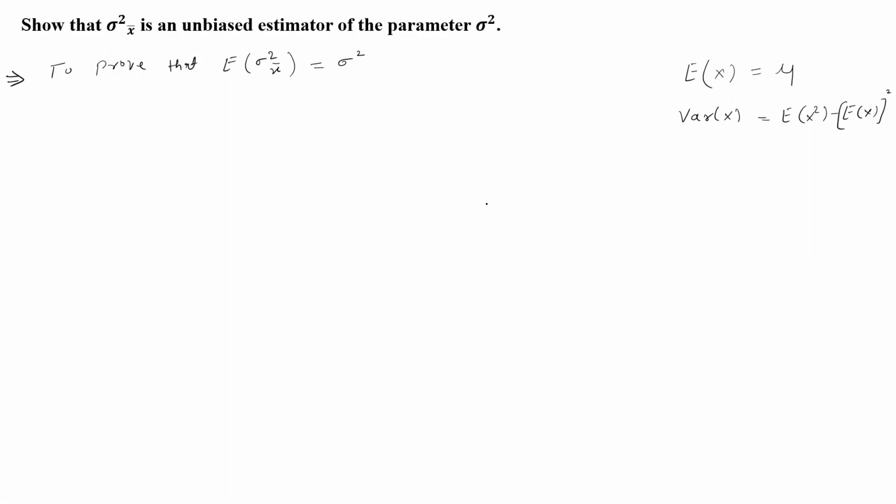So E of x square is equal to the variance of x plus the expectation of x whole square, which is sigma square plus mu whole square.